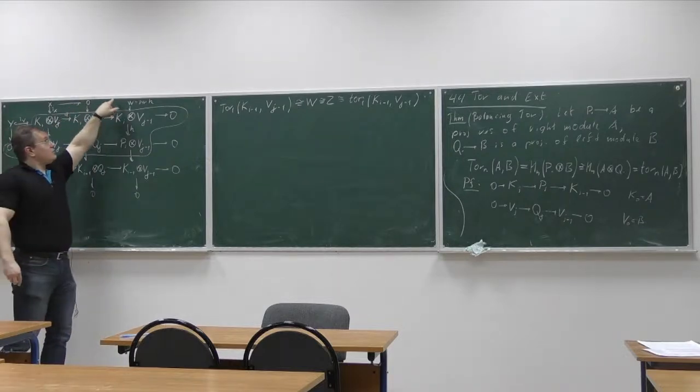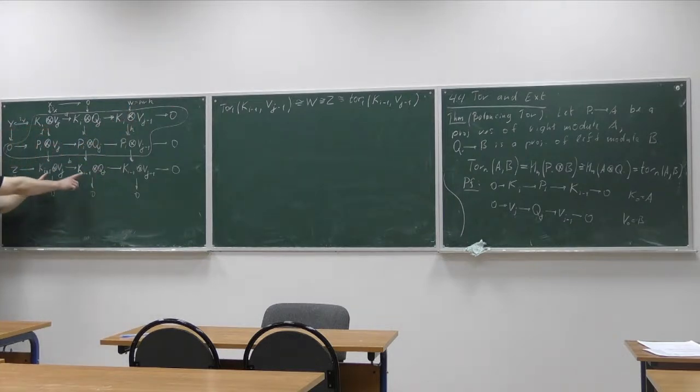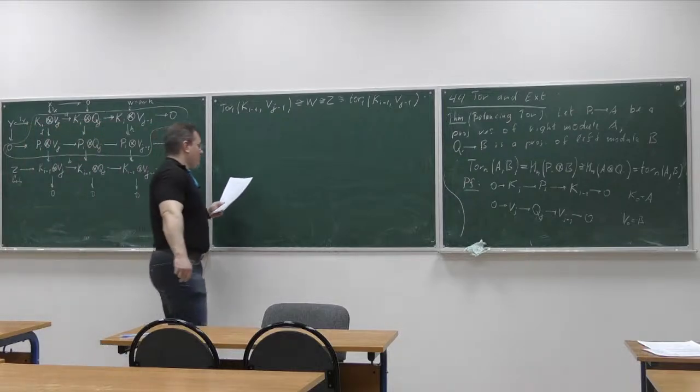So here I get just this kernel, and the claim is that this kernel is precisely the kernel of this map. If I have an exact sequence with four terms, kernel and three cokernels, then W has to be isomorphic to Z. Okay. This gives me the first relation between Tor 1 and little Tor 1.